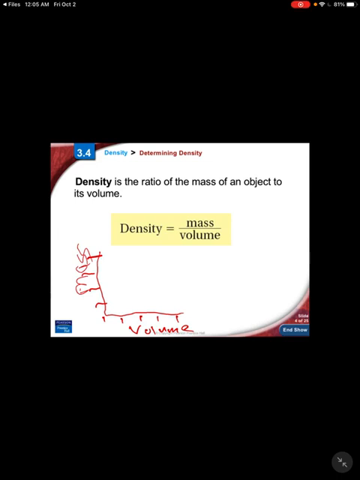If you do this particular plot and you get some numbers that give you an approximate straight line going through 0, you will find that the slope is equal to the density. And that makes sense, right? Because what is slope but the rise or the change in y divided by the run or the change in x.